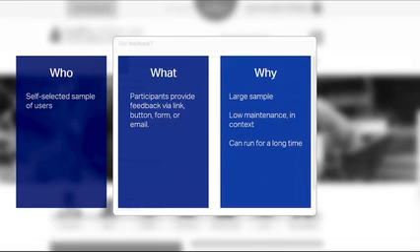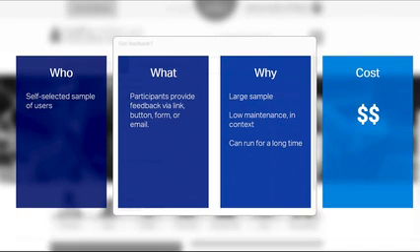These kinds of passive research methods can gather a large sample over time. It's low maintenance. And an added benefit is that if the feedback channel is provided in the context when users are performing the task or things we're interested in, it also allows us to gain those contextual insights.